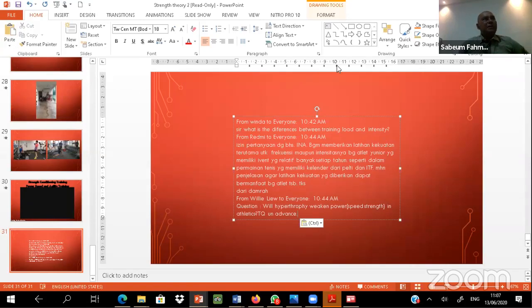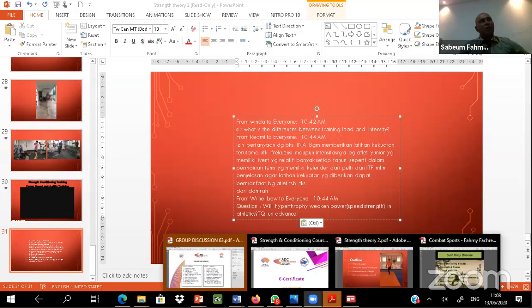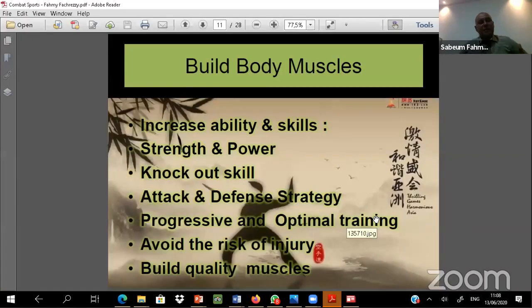Quality muscle, I mean not big muscle, but quality: your power, your speed. Because big muscle is not recommended for a good athlete. Big muscle is sometimes a problem, because too slow, too much hypertrophy. Next slide.